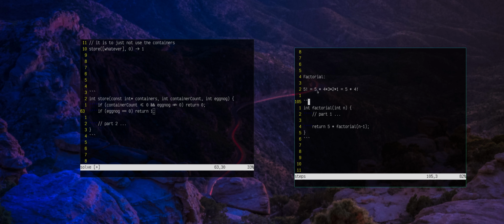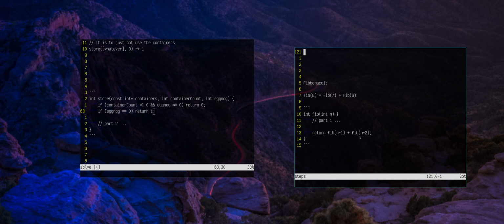We separate off this 5 and figure out 4 factorial, and then whatever we get out of that, we do 5 times that. So this would be 5 times 4 factorial. To implement that, you call the function itself with the input 1 smaller, and do that multiplication so that you get the factorial.